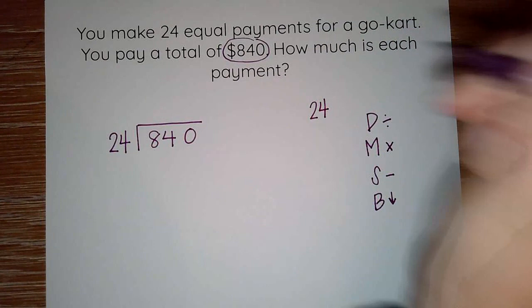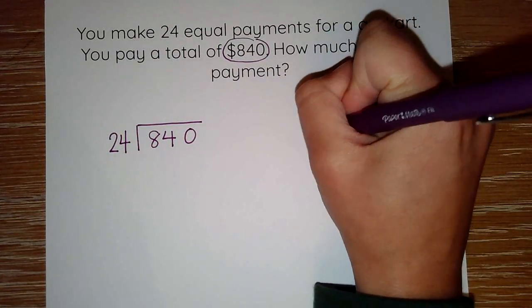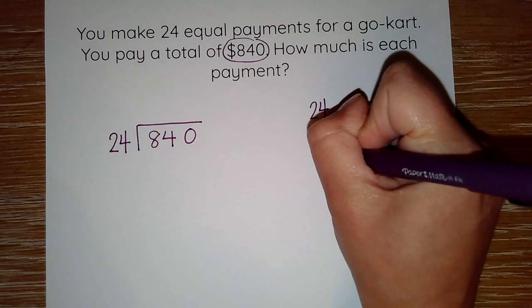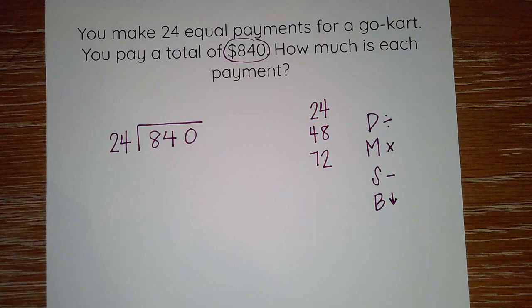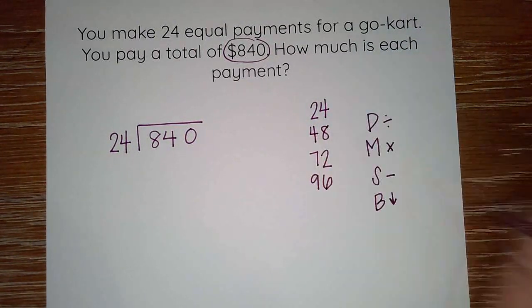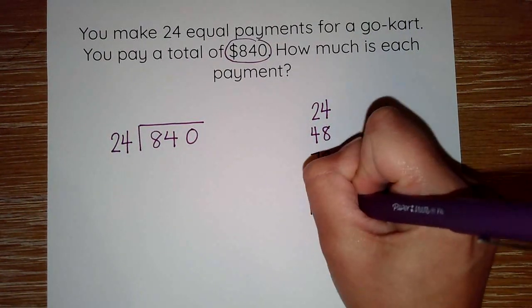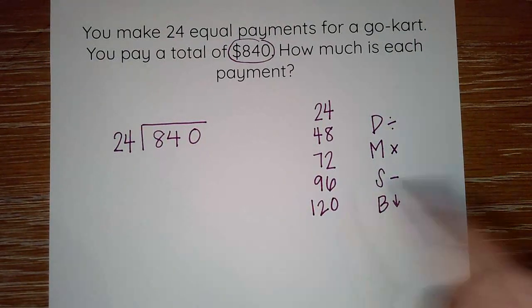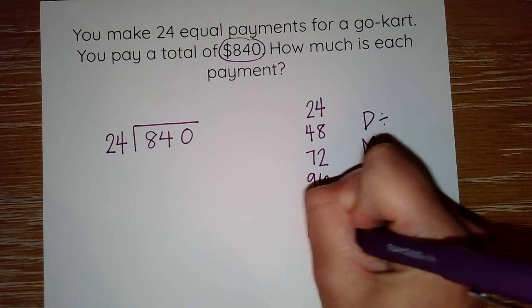Now, 24 plus 24 is 48. 24 plus 48 is 72. 72 plus another 24 is 96. 96 plus another 24 is 120. And let's do one more just in case. 120 plus 24 is 144.